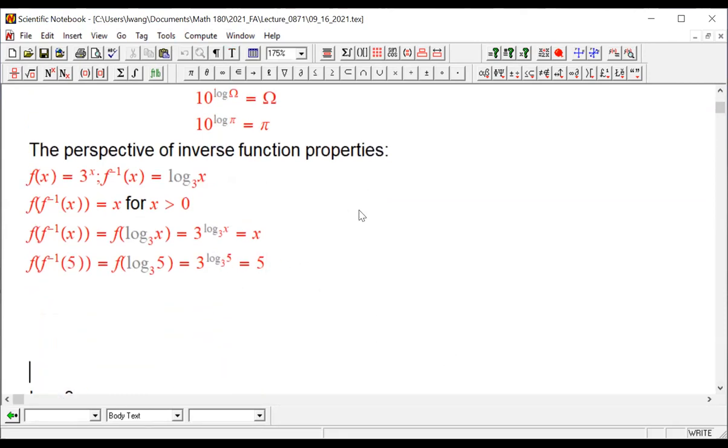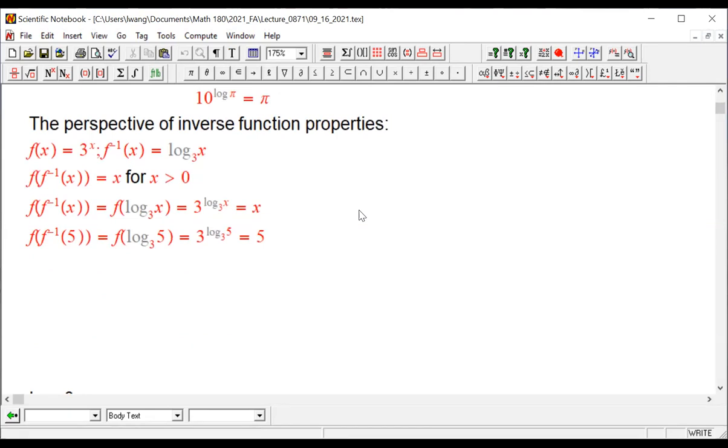The second method, to be able to do the composition, you have to be good at doing the composition in order to do the decomposition. You need a lot of decomposition in Calc 1. Chain rule, chapter 3.